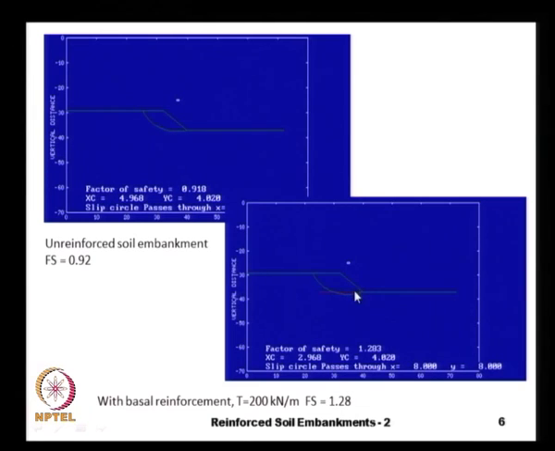The length of this reinforcement that we need to provide should be adequate, so that it has sufficient pull out resistance, and the pull out resistance is calculated based on the embedded length of reinforcement beyond the most critical slip circle. These are all best done using programs, because doing hand calculations is quite tedious, since typically we look at at least 200 to 300 slip circles to come out with this minimum factor of safety.